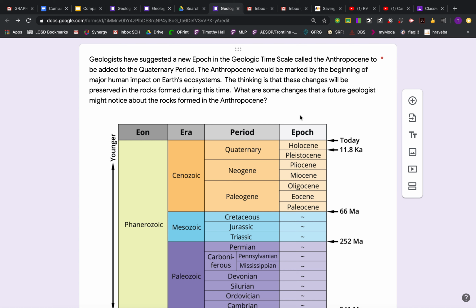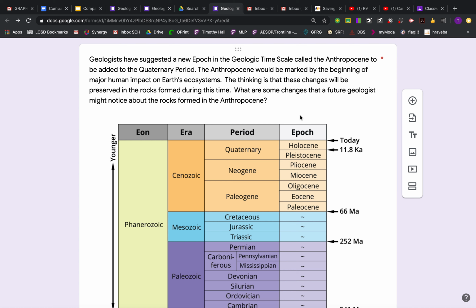And if we hang out long enough, or even if we don't, like even if humanity becomes extinct, then some other critter maybe would evolve and become intelligent and start looking at the rocks and doing the same thing we did, which is piece together the whole story of geologic time, and they'd be like, whoa, look at this crazy layer, and it would be very apparent that something new had taken place during that time, geologically speaking.